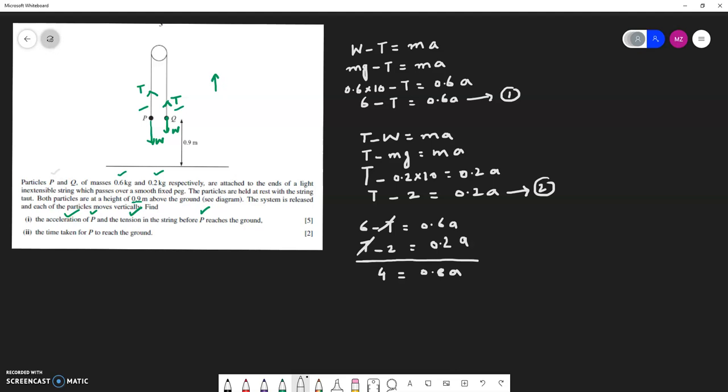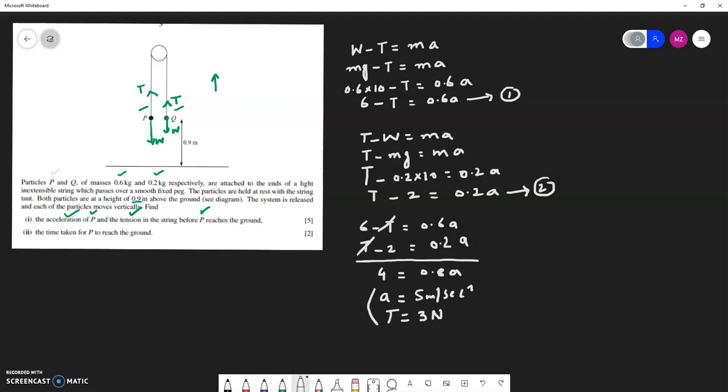And from this we can find A is equal to 5 meters per second square. Now you can put this value of A in either of the two equations and you will find the value of T. When you put the value of A in equation number 1 or equation number 2, you will get T equal to 3 Newton.